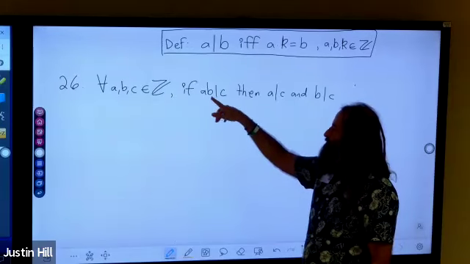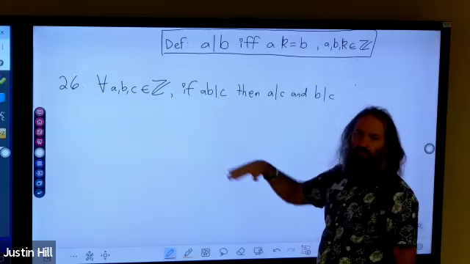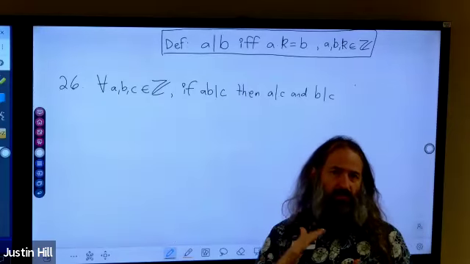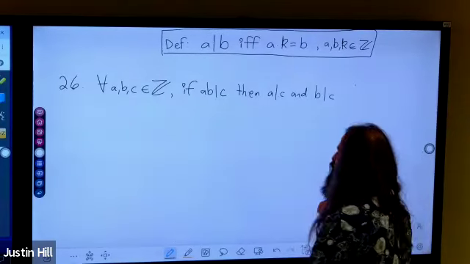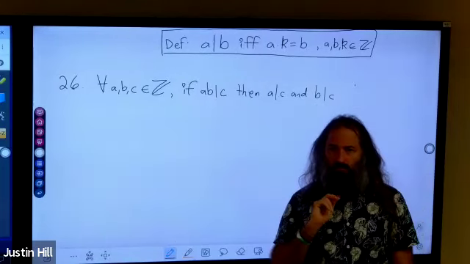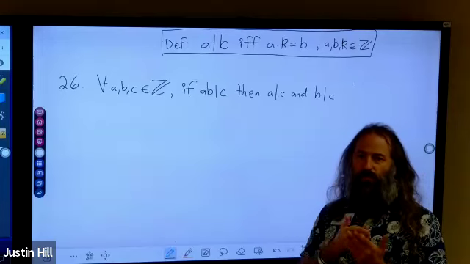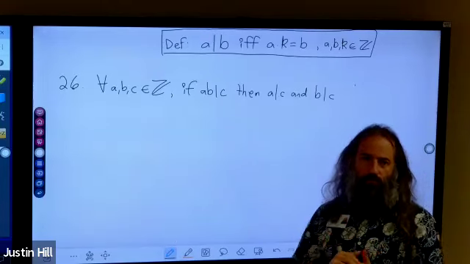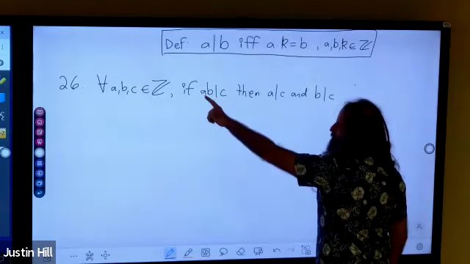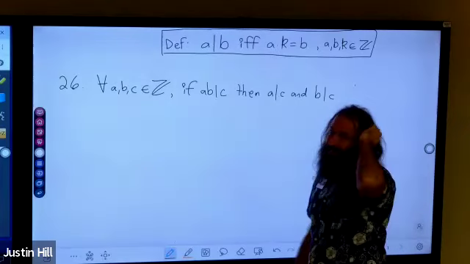The huge difference is I'm saying that the product already is a factor of C, which means it literally has to be either less than or at least equal to C. It has to be something less than or equal to C. So by making the converse, I've actually fixed the issue that we ran into in the last problem, that multiplying the two numbers could possibly be something bigger than what you're trying to divide into. I've fixed that issue. So I'm saying definitely the product is a factor of C, which means it's less than or equal to C.